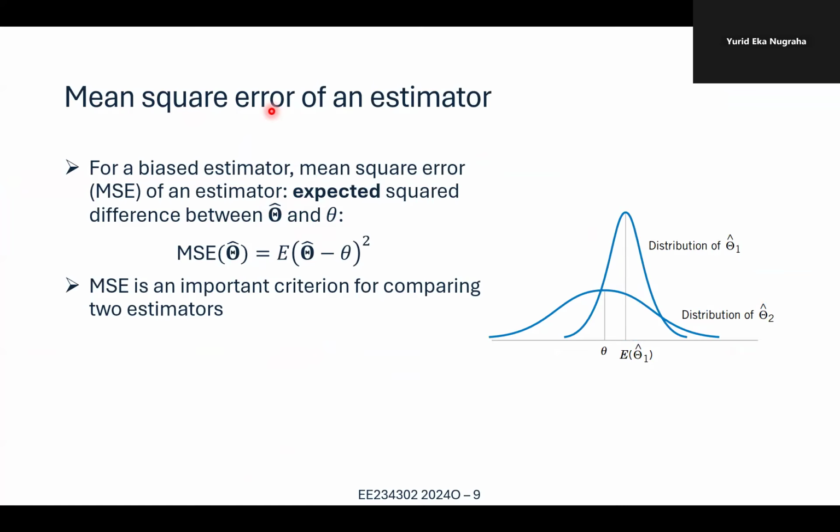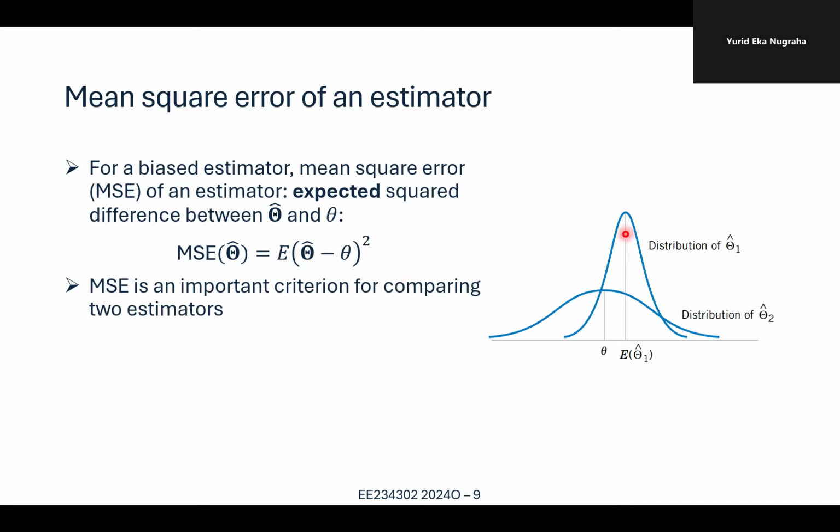But if it's unbiased, it's said to not have an error, because theta hat and theta are the same in the case of an unbiased estimate. So it's called MSE, which is an important criterion for comparing two estimators.